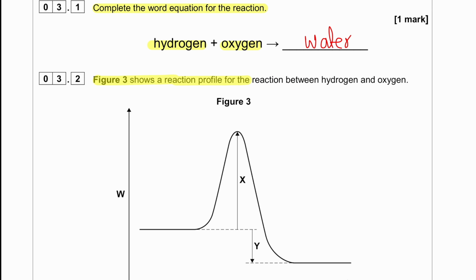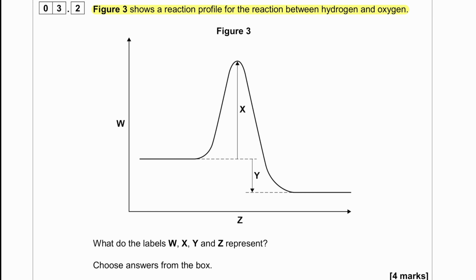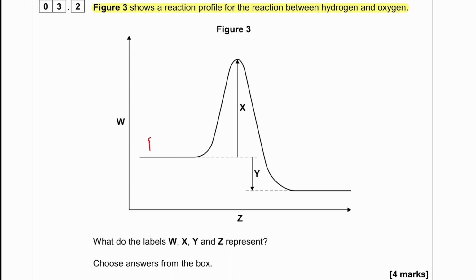Figure 3 shows a reaction profile for the reaction between hydrogen and oxygen. Great. So we can see here we can represent the reactants. W will represent energy. Z will represent reaction pathway.